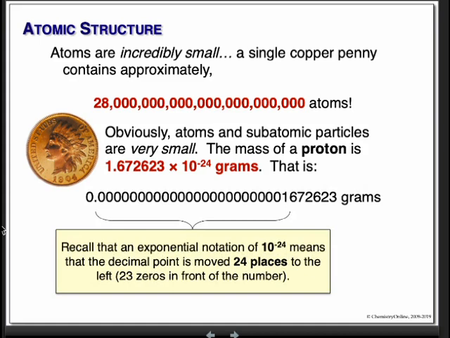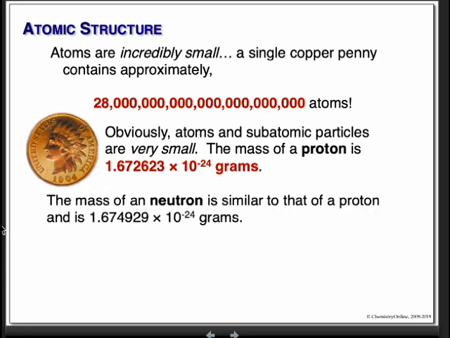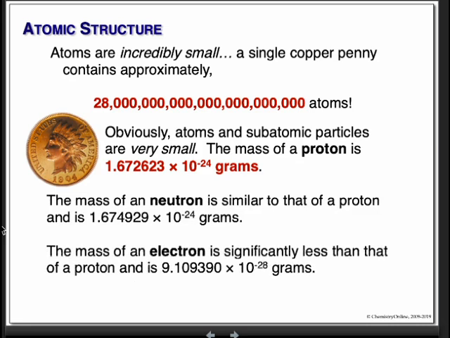Very, very small number. And that's a proton. The heaviest thing in most nuclei is the neutron. Neutron is just slightly more massive than a proton, 1.675 versus 1.673 grams. But again, the same scale.